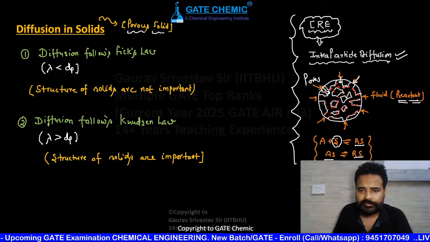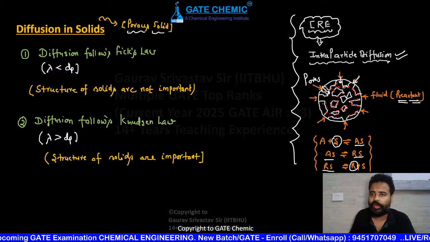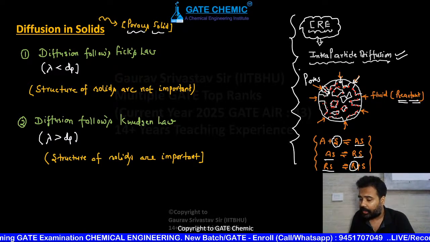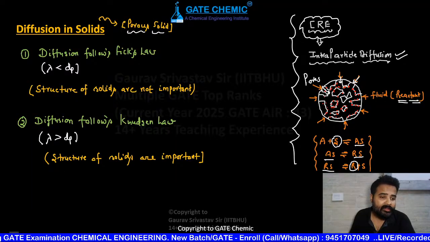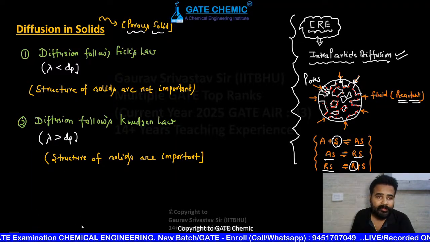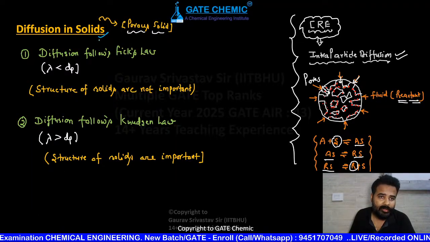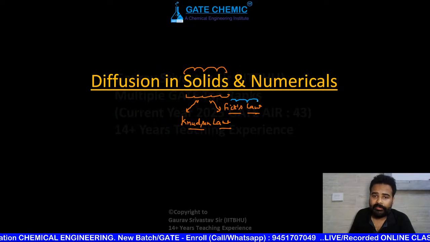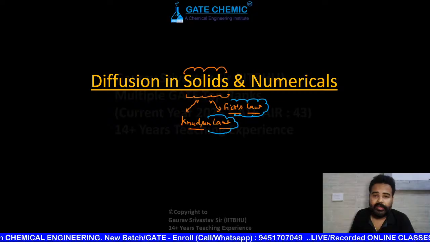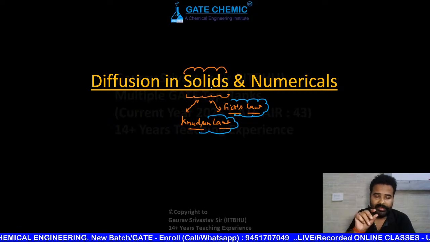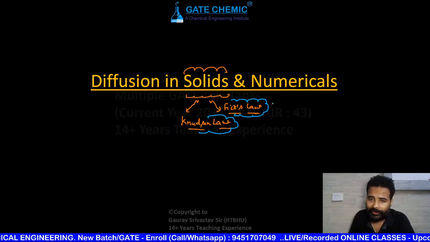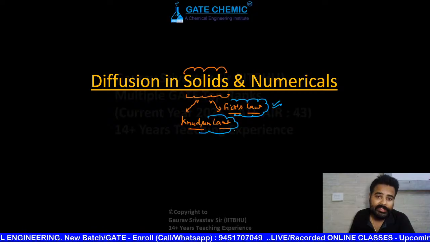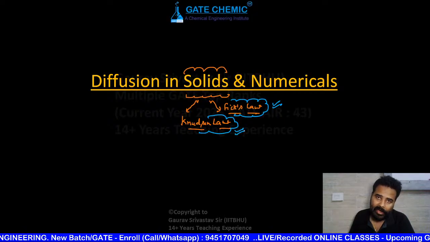Okay, now it is visible to all of you. So here a similar thing we are going to see, but this time diffusion in solid. As I told you earlier, you can classify one case, where diffusion in solid follows Fick's law, and a second case, where diffusion in solids follows Knudsen law.